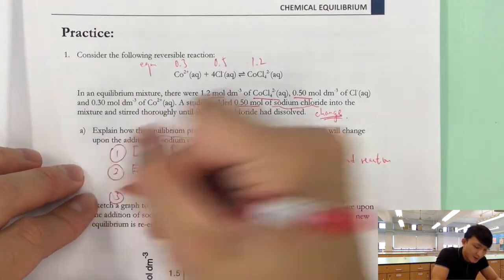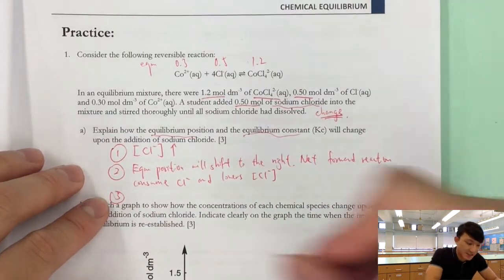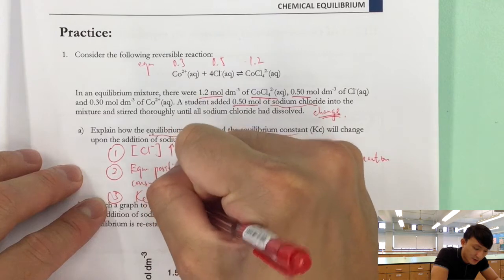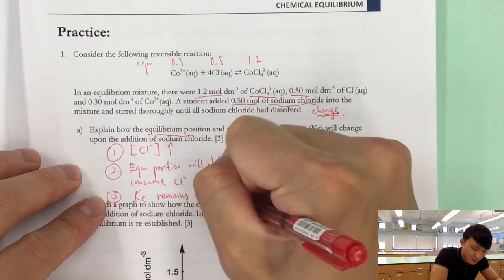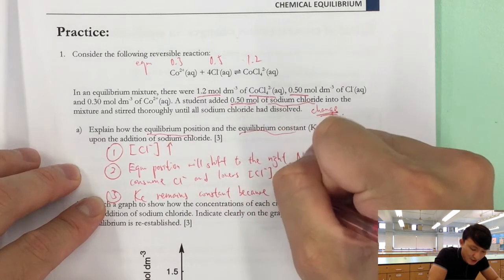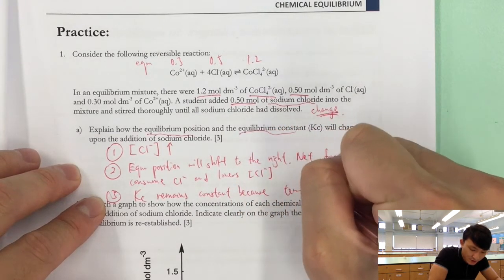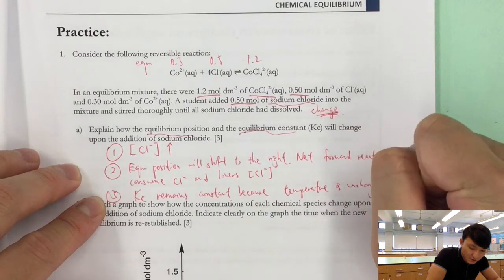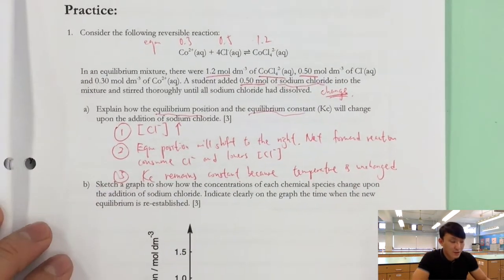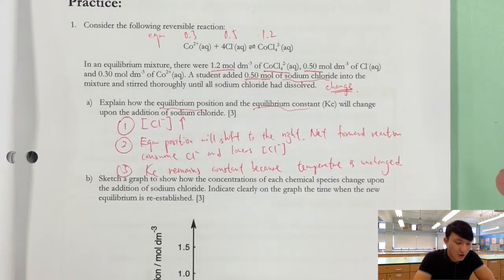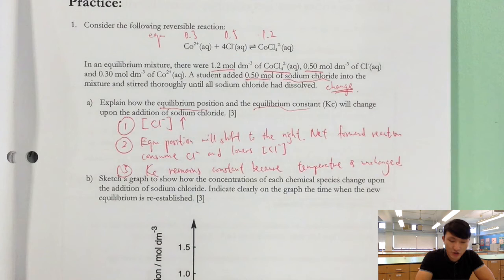And three, you need to mention Kc. So Kc, will it change? Kc remains constant, okay? Because temperature doesn't change. It's unchanged. Okay? So this is how you explain the change on a system upon a change.